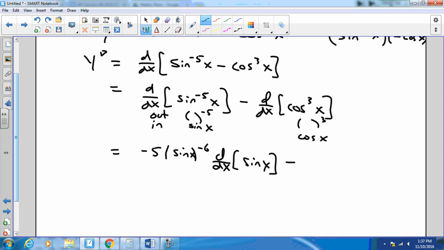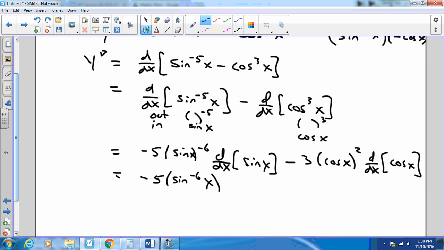Good. So the derivative is? 3 cosine and d cosine. There you go. Good. And the derivative of sine x is cosine x.